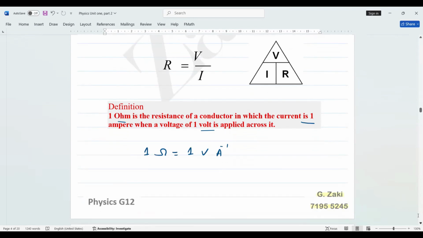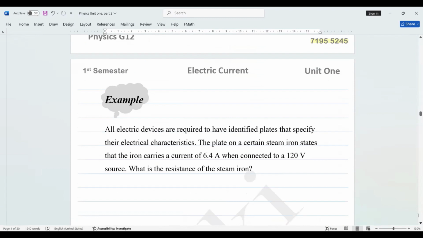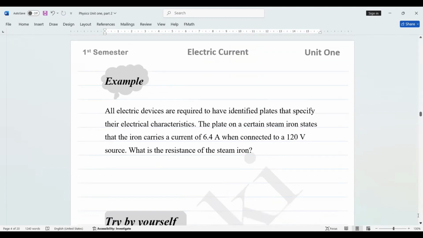Now, next part, let us solve this question. All electric devices are required to have identification plates that specify their electrical characteristics. The plate on a certain steam iron states that the iron carries a current of 6.4 ampere, so I equals 6.4 ampere, when connected to 120 volt. So this is V, 120 volt.